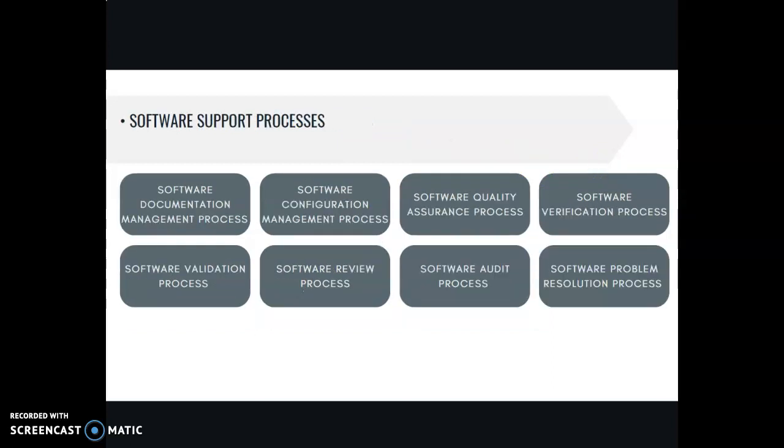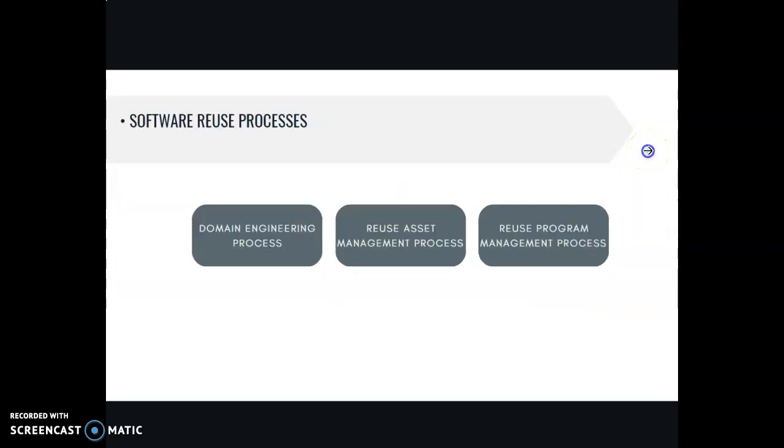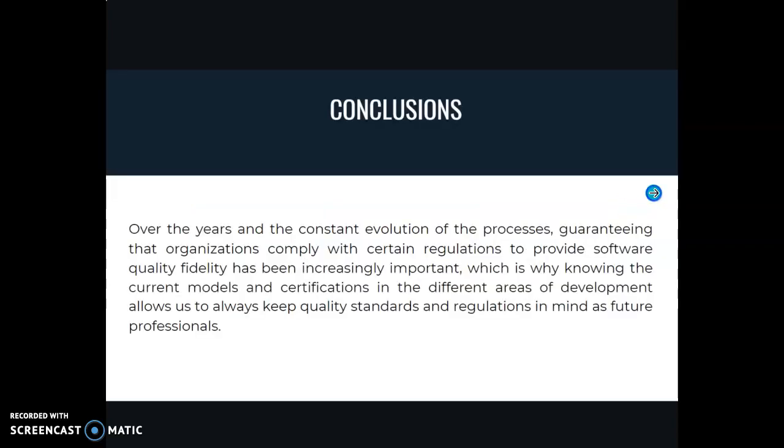The software support process contains software documentation, software configuration, software quality, software verification process, software validation, software review and audit, software audit, and software problem resolution process. And finally, we have the software resource process that contains domain engineering, resource reuse, and resource program.